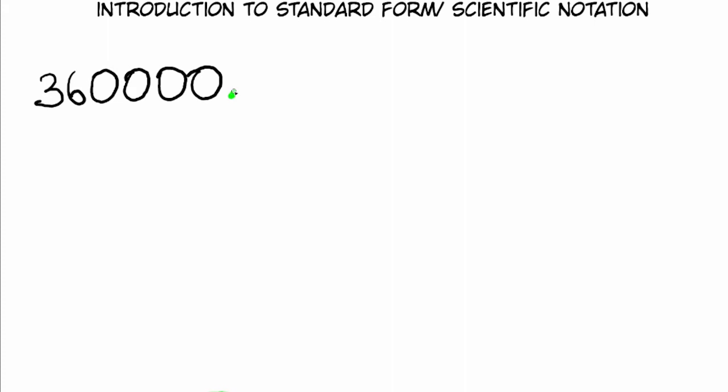Now, we're going to move this decimal point to the left to get a number between 1 and 10. Remember, we only stop when there is a number between 1 and 10.